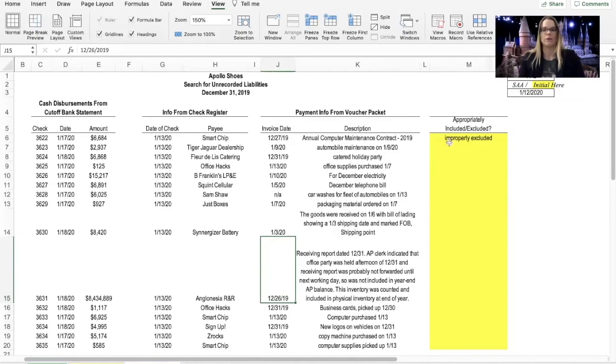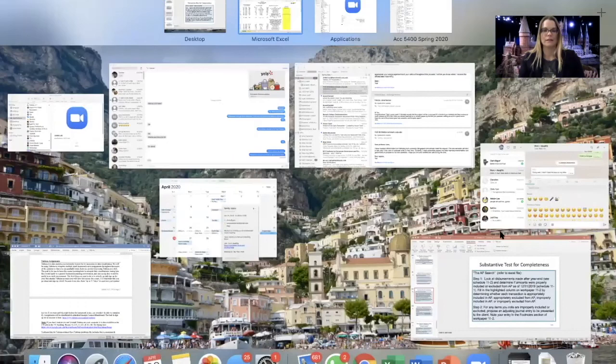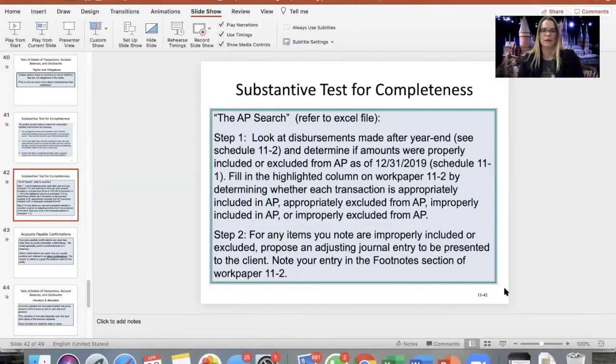Okay. So just go through one by one, keep that matching principle in the back of your mind, and figure out if they're improperly excluded or included. Then after you go through each one, the next step is for any items you note are improperly included or excluded, propose the adjusting journal entry to be presented to the client. Right? So for any items that are improper, we know these represent misstatements where you'd want to add them to your summary of audit differences, most likely.